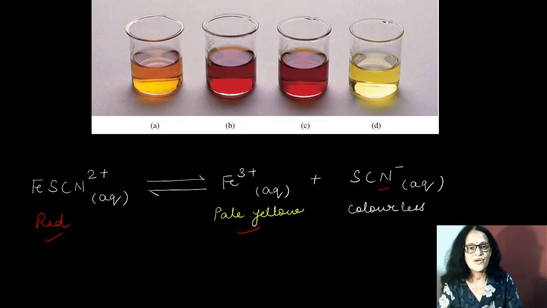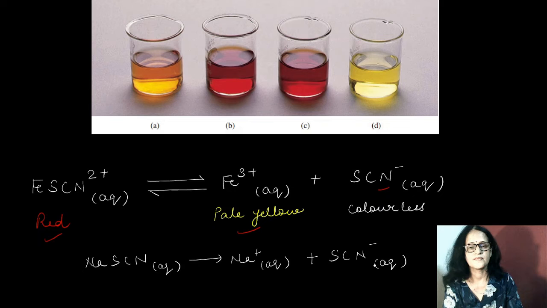Now we will learn what will happen if we change the concentration of products or the concentration of reactants. First of all, we will see what will happen if we add some sodium thiocyanate in beaker A. Sodium thiocyanate on dissolution will provide sodium ion and thiocyanate ions.